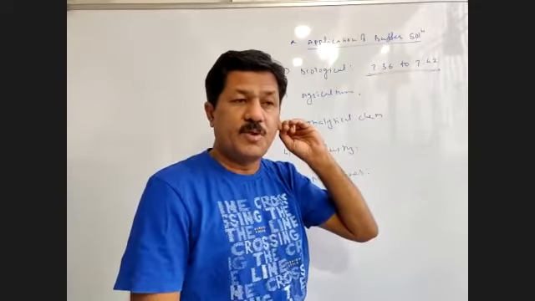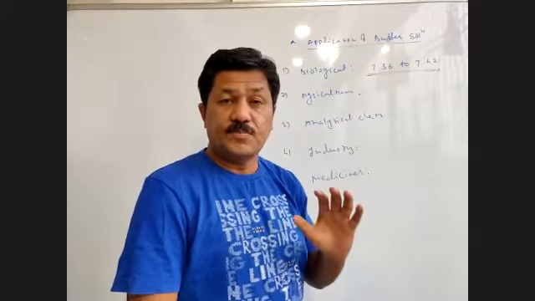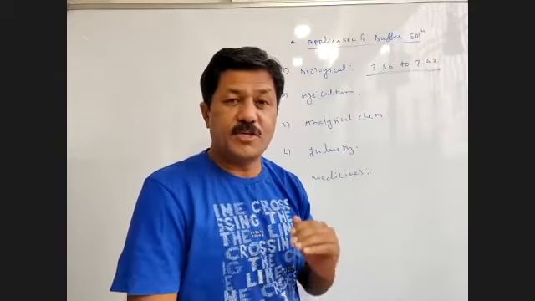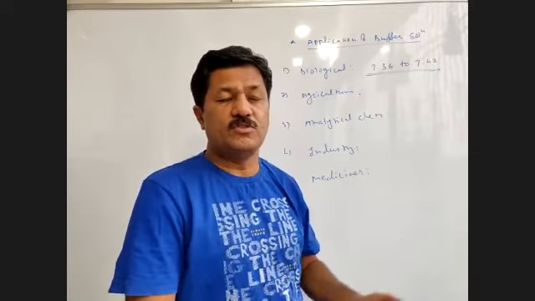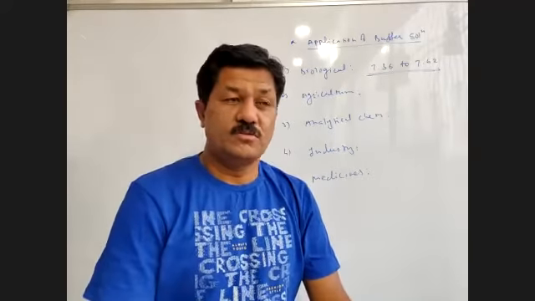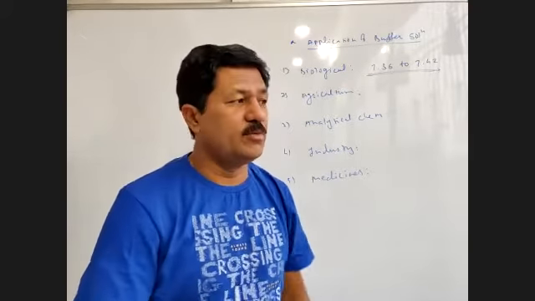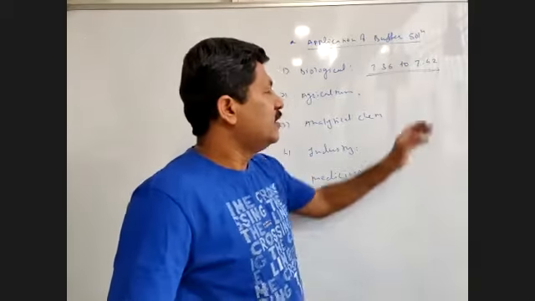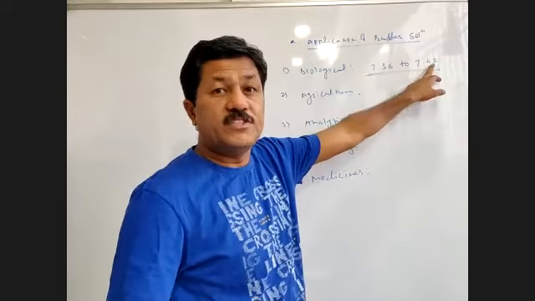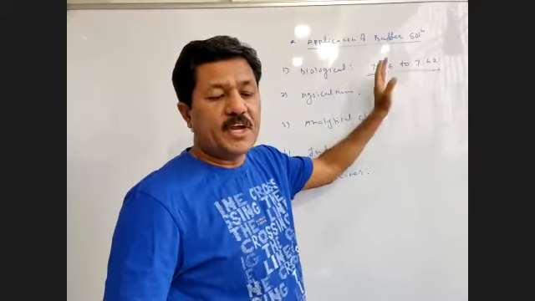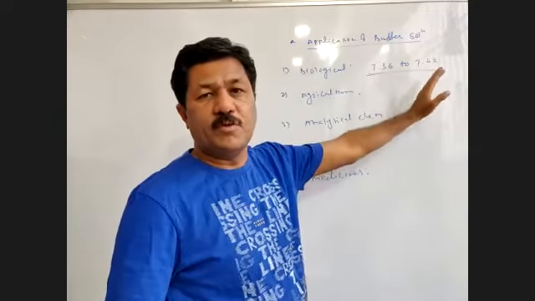This is the pH of human blood, and a change in pH of 0.2 may lead to the death of a human being. So we can understand how important this pH is. A change of 0.2, meaning if the pH becomes 7.6 or 7.1, it may lead to the death of a human being.